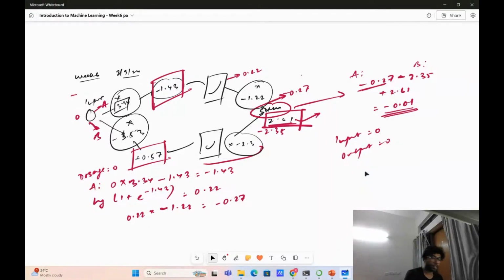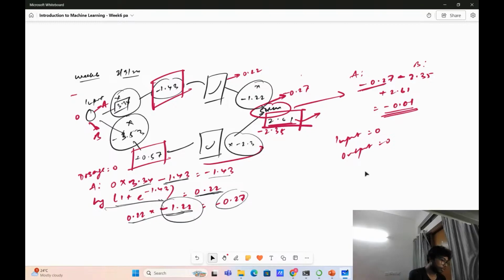Like that, 0 times 3.34 is what we did here. So the input is 0 times the weight, plus the bias. Then we get the output and pass it into the activation function. Whatever the output of the activation function is, we multiply it with the weight, which is minus 1.22, and then we get this output.